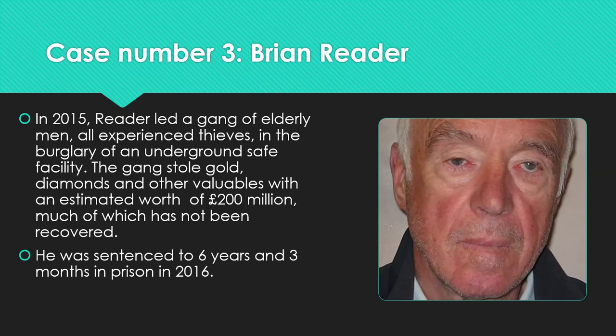So they have not been able to get those goods back or that cash back. He was sentenced to 6 years and 3 months in prison in 2016. So he's still serving that particular sentence. So he stole diamonds, gold and other valuables to the value of 200 million pounds.